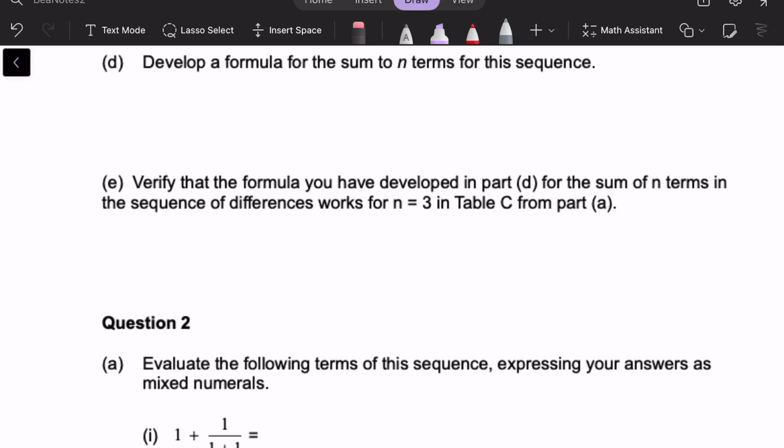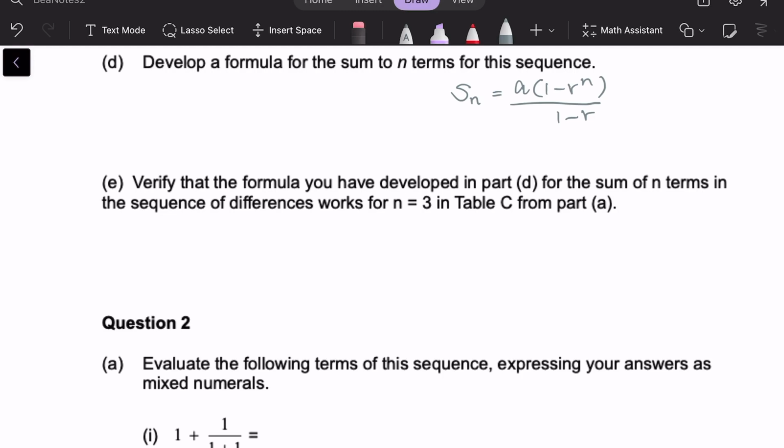Some notes that will probably be in your formula sheet, but you could take note of it, just try and remember it, is that when you have a geometric series, like the sum of a sequence, S_n, the rule is that it will always add up to this, where a is the first term, r is the common ratio, and n is the number of terms that you're adding up to. So all we have to do to develop the formula is substitute it in.